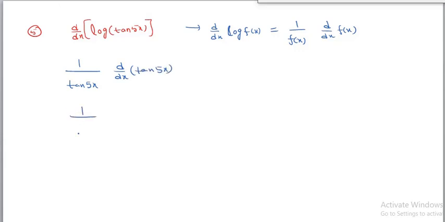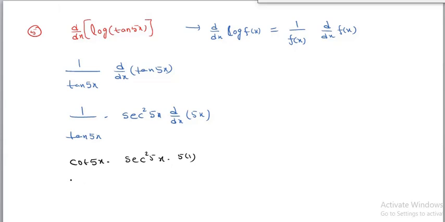Again it is in the form of tan f of x. The derivative of tan f of x is secant square f of x times d by dx of f of x. So secant square 5x times 5, divided by tan 5x, which is cot 5x times secant square 5x times 5. You can write cos by sin, no problem: cos 5x by sin 5x times 1 by cos square 5x times 5.